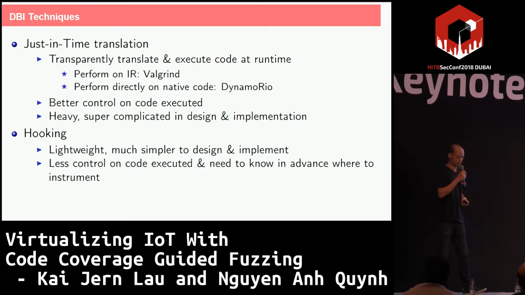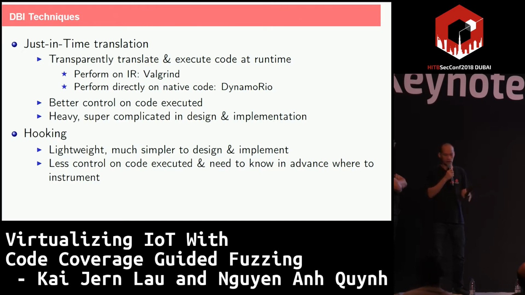Okay, so there are a few types of DBI techniques. The first one is called JIT, just-in-time translation, which is used by well-known DBIs like Valgrind, DynamoRIO, or Pin. Those DBIs use very complicated techniques: they translate the program at runtime, and instead of running the original code, they translate the code into another buffer and run the program from that buffer.